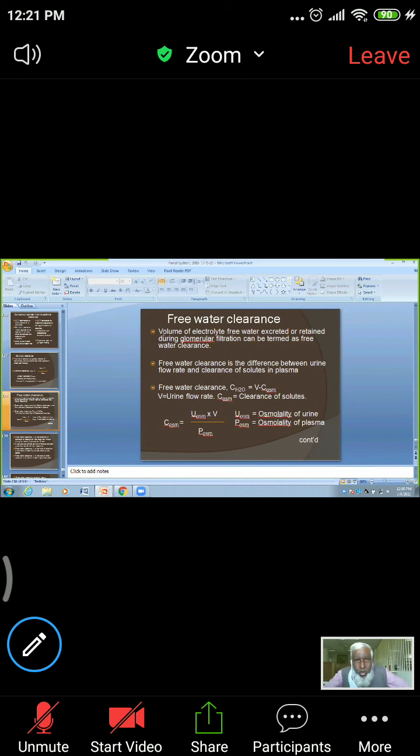That is, one minute's urine flow minus osmotic clearance, from the previous discussion.